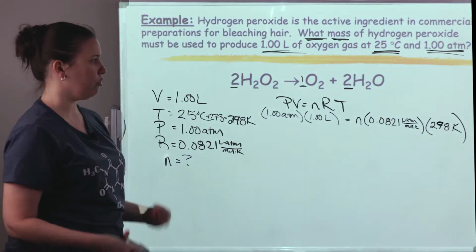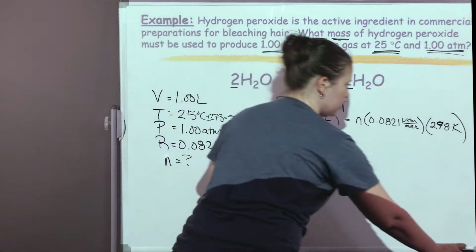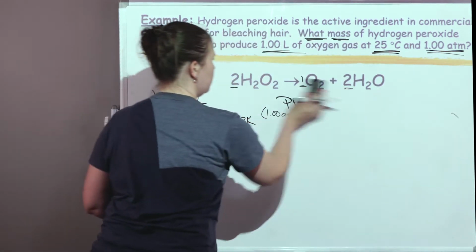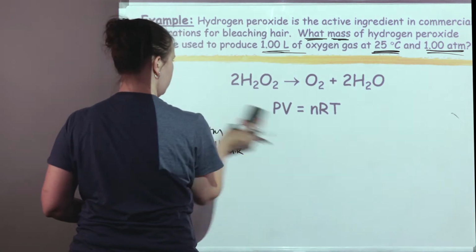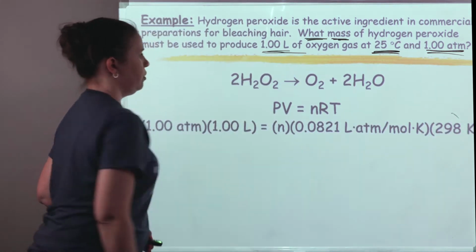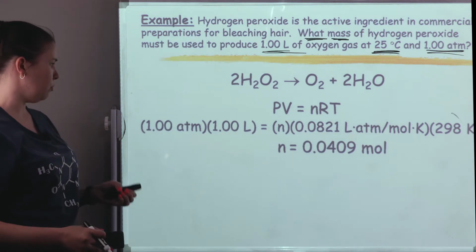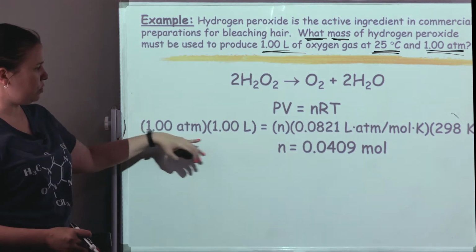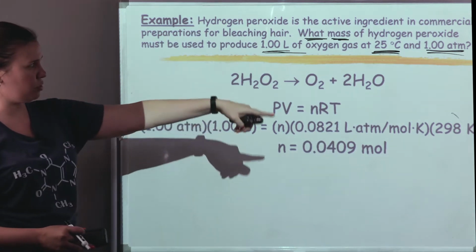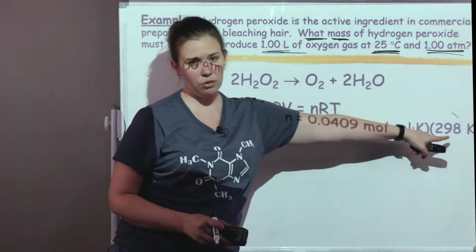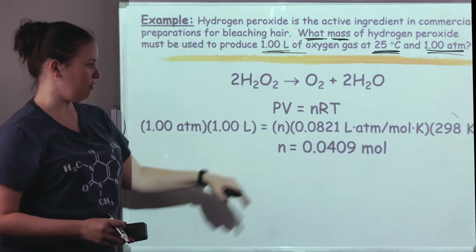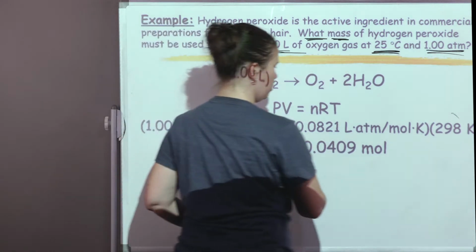What do we get for the number of moles of that substance? When we solve for n, we should get 0.0409 moles. Notice the 0.00 here and here, and then the temperature also having 3 significant figures when converted to Kelvin. We have moles as 3 significant figures, 0.0409.